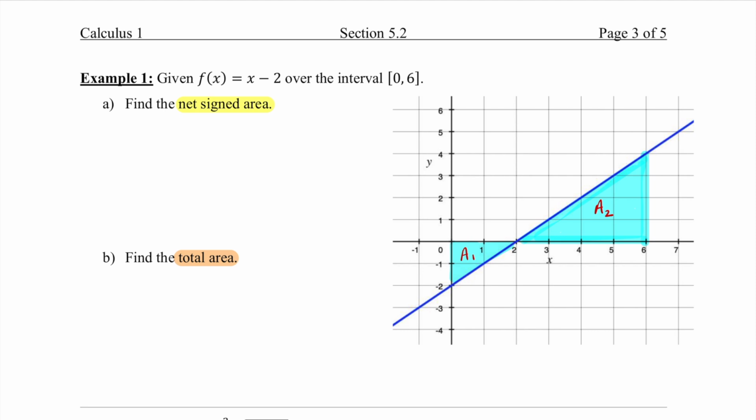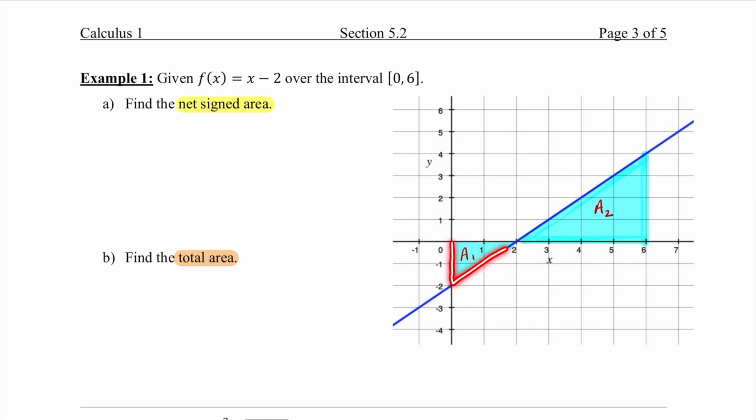To find the net signed area, I take the area above the x-axis minus the area below the x-axis. To find the total area, I just take the area above the x-axis plus the area below the x-axis. To do that, I need to find this area and also this area.